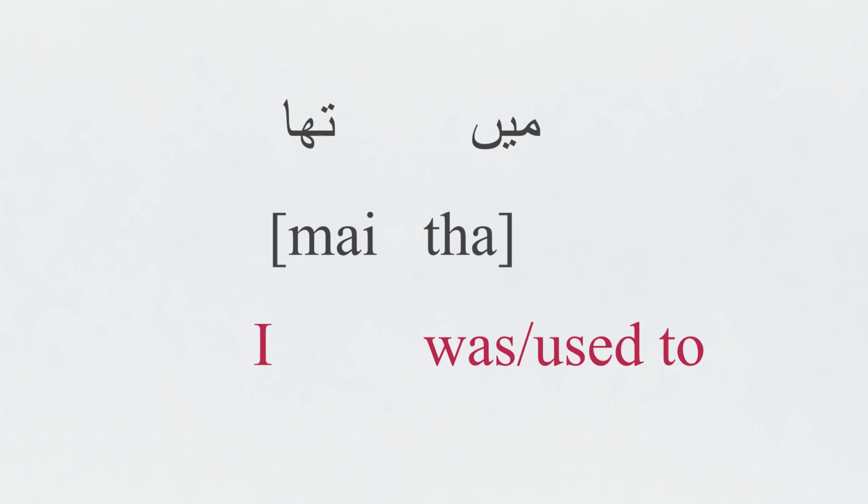Now we got the basic foundation, which is मैं थी. Thi is for feminine singular and feminine plural. Tha is for masculine singular and the is for masculine plural or formal. That means the is used for either one person who we give respect to or a lot of men, plural.